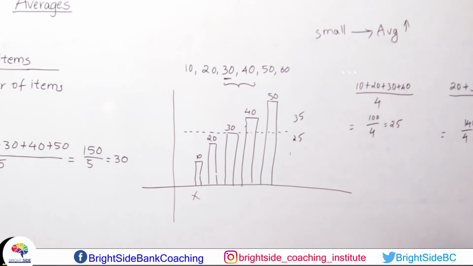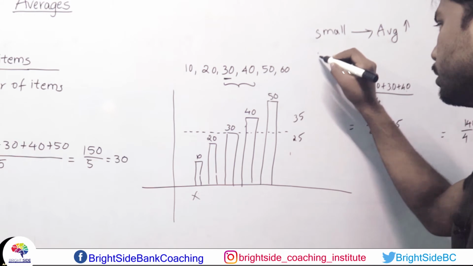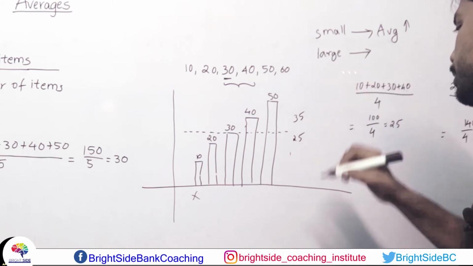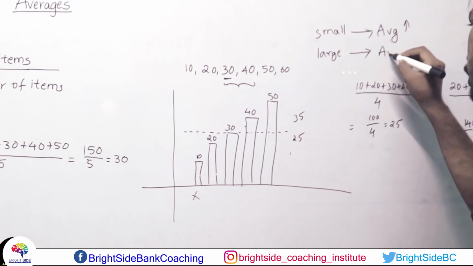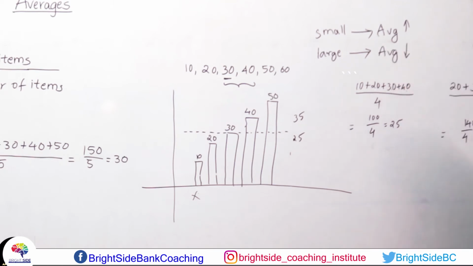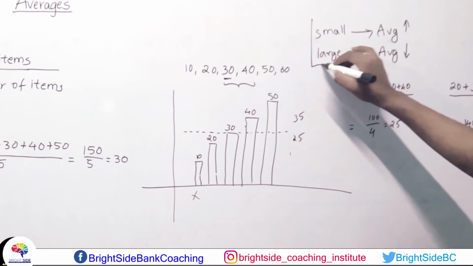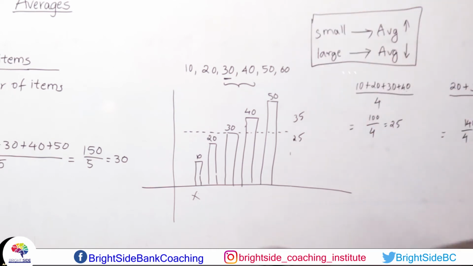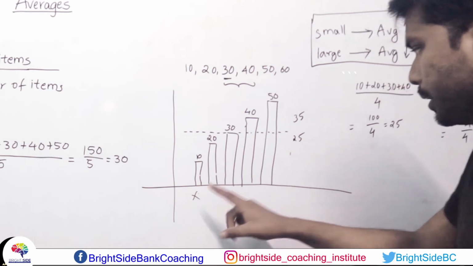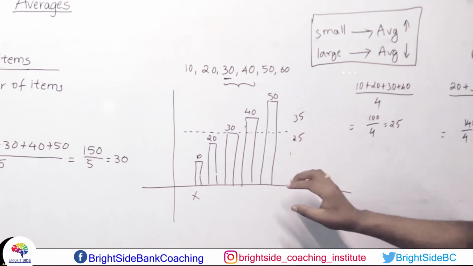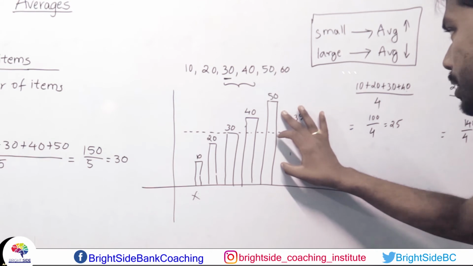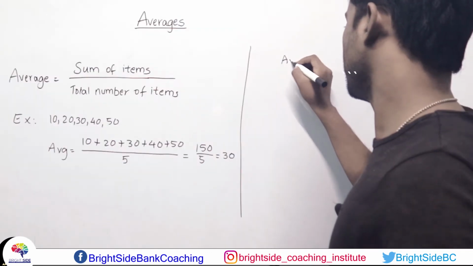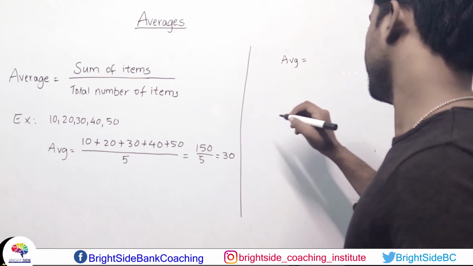Okay, rather I would say, if you delete the larger element, the average will decrease. That is the important point you have to notice. Once again, if you are deleting the small element, the average will rise up. If you are deleting the larger element, the average will fall down. Okay, let us see the properties of average.